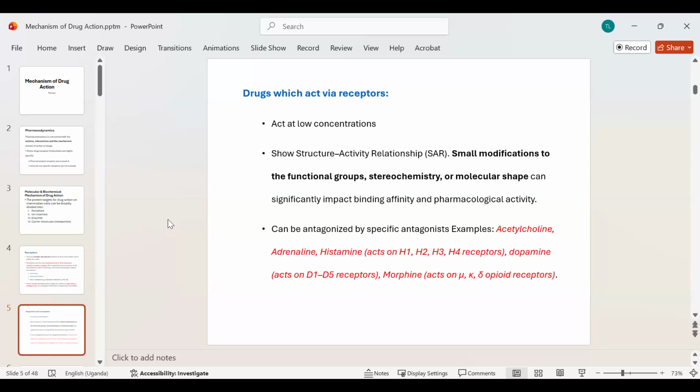What you see there are some common examples of these drugs: acetylcholine, morphine. You can see that they all bind to certain receptors within the body. When we do our autonomic nervous system pharmacology, we shall get introduced to quite a number of these receptors.